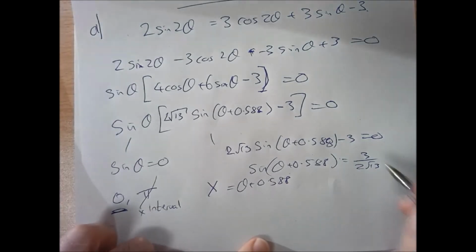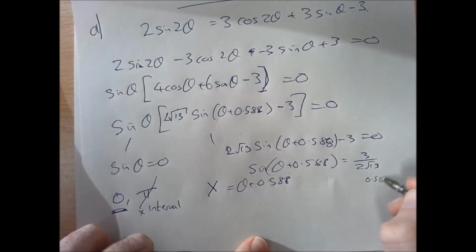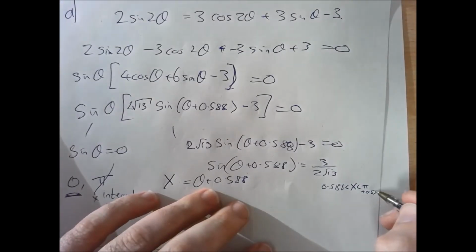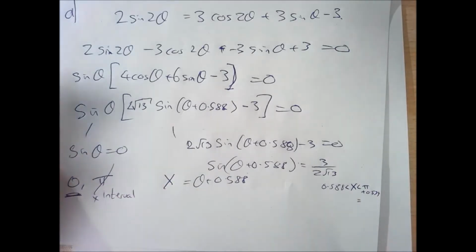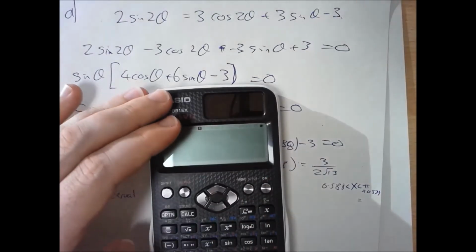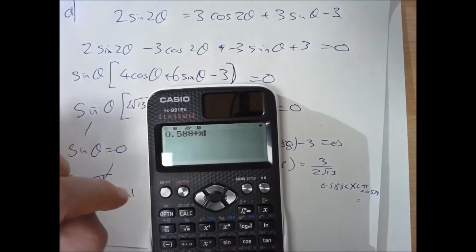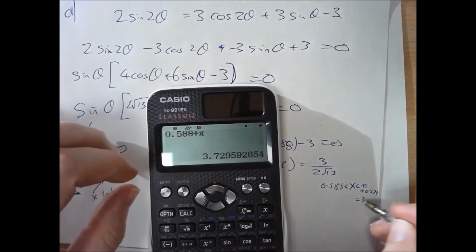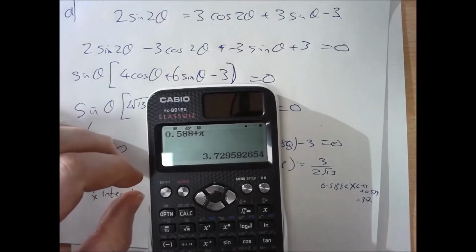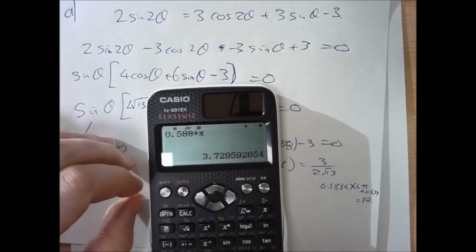We can see our range is going to be 0.588 less than x less than pi plus 0.588, and this is 0.588 plus pi, which is 3.7. So we're going all the way up to 3.7.